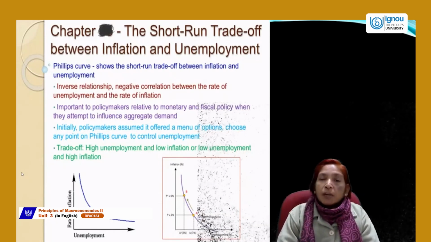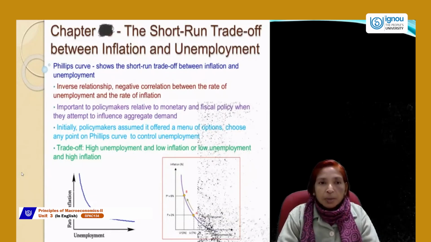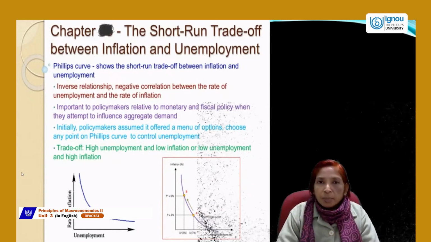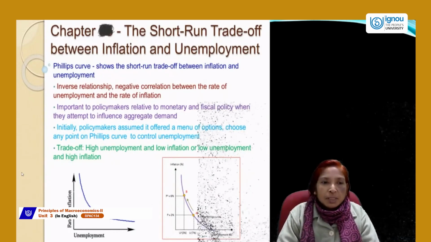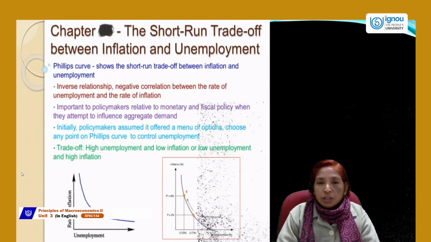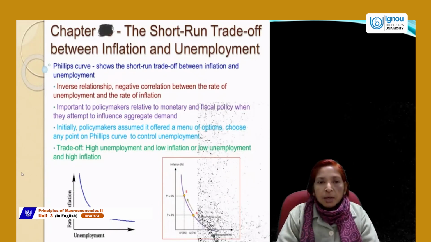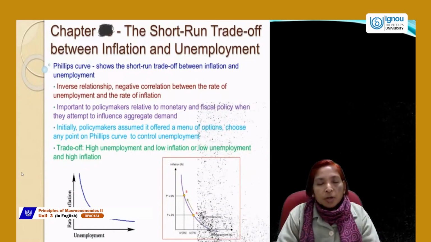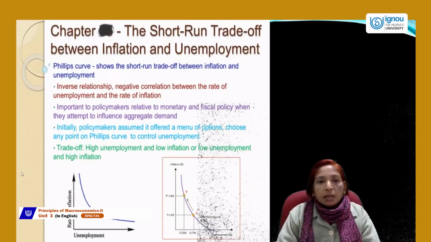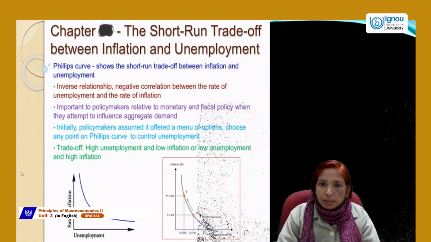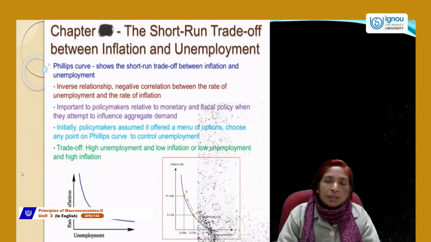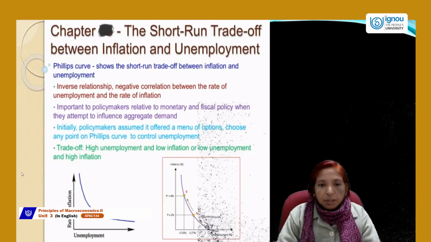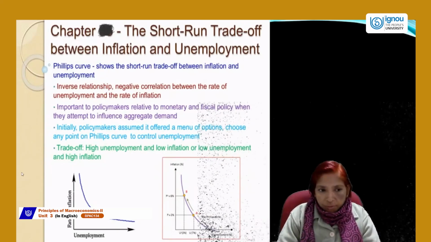Now, to use this inverse relationship, policymakers through monetary policy or fiscal policy can take initiative to influence aggregate demand in the short run. Initially, policymakers assumed it offered a menu of options: choose any point on the Phillips curve to control unemployment. And there is a trade-off.